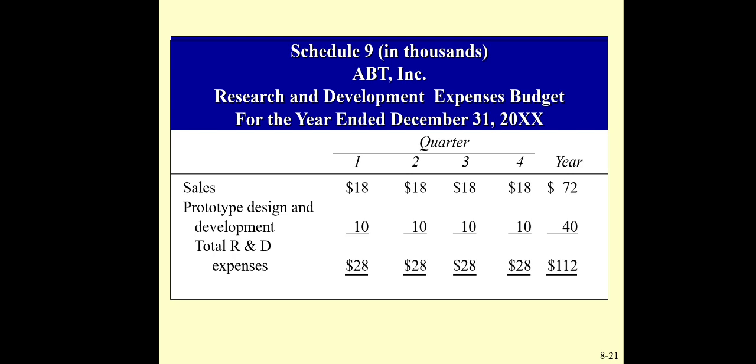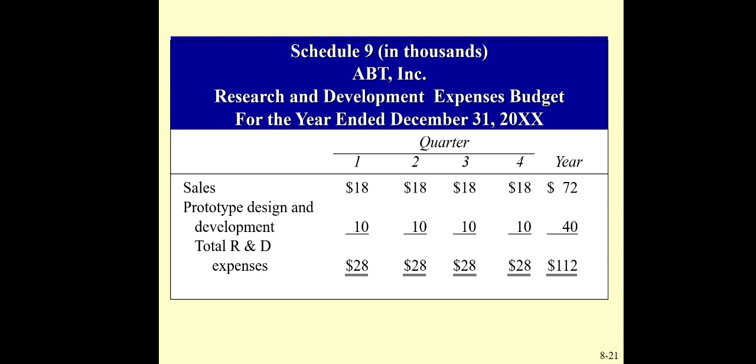And then prototype design and development 10,000 every quarter. So total budgeted R&D expenses equal 28,000 every quarter. Total for the year is 112,000.